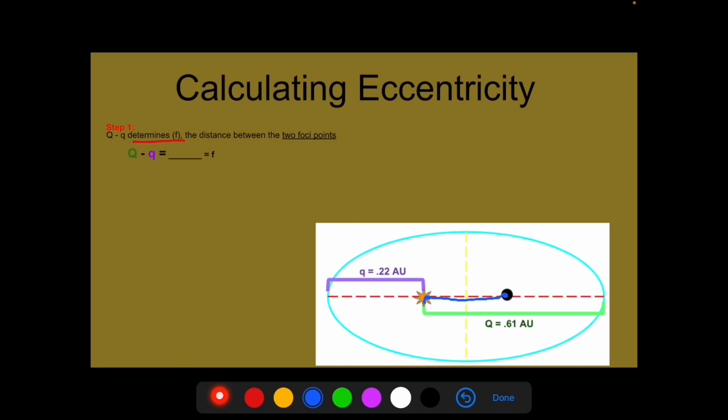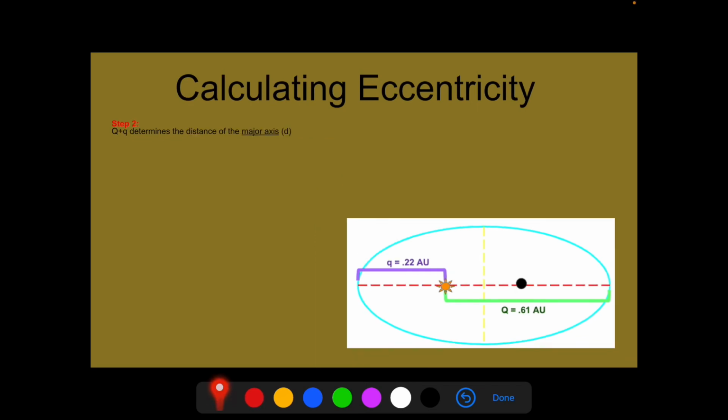We're subtracting those, which makes sense because we want the difference between them. So we take 0.61, which is our capital Q, and subtract 0.22. We would expect to get 0.39. That is our F value, 0.39.